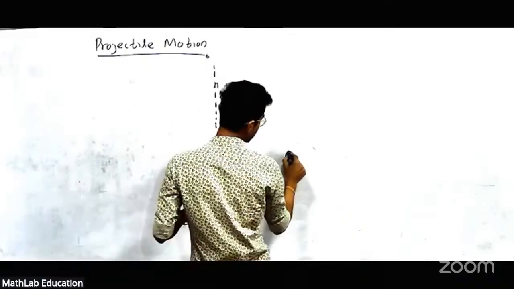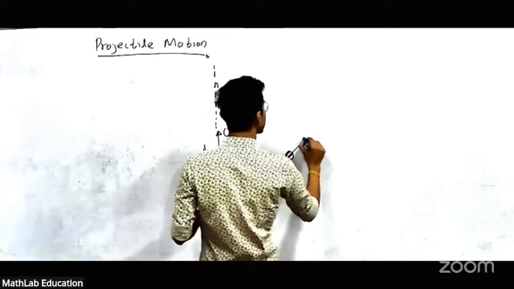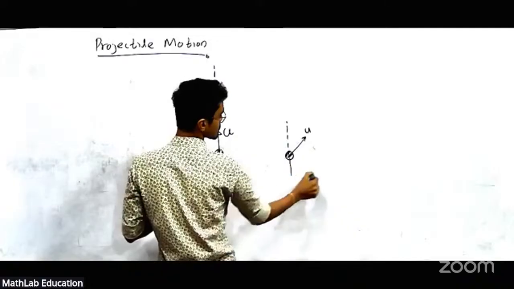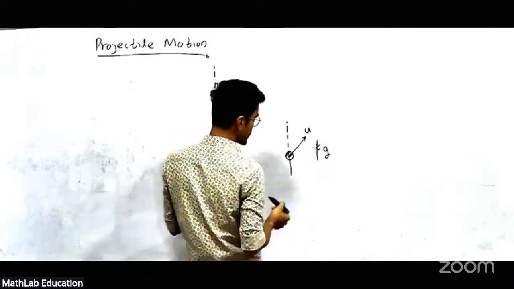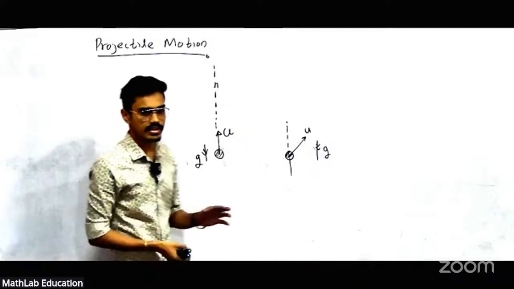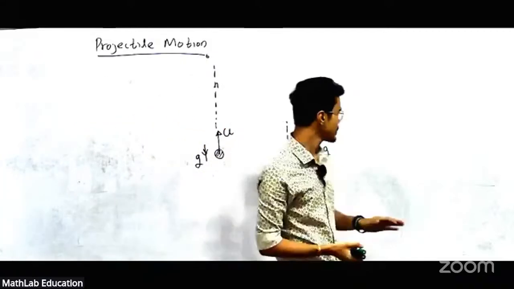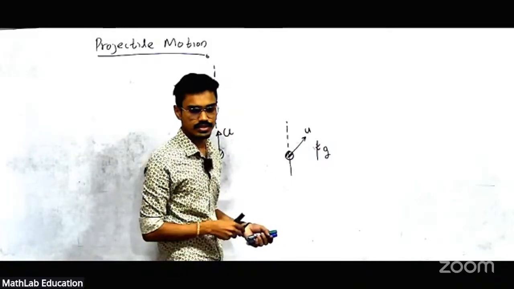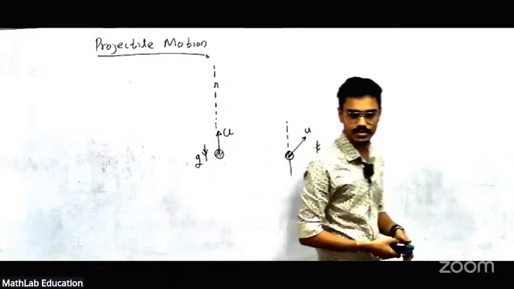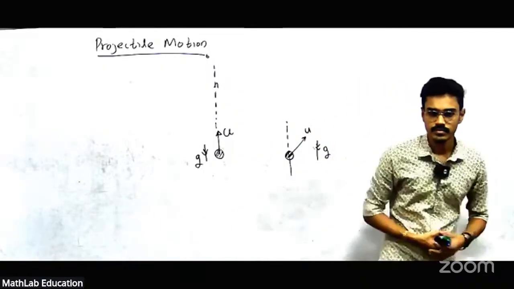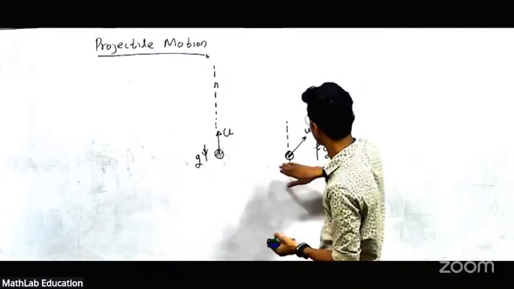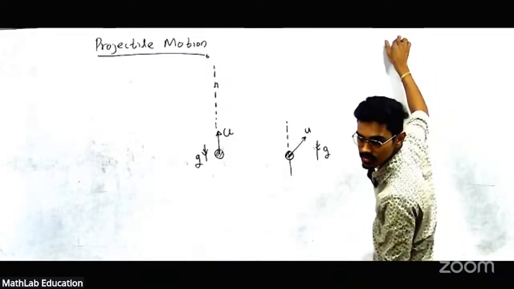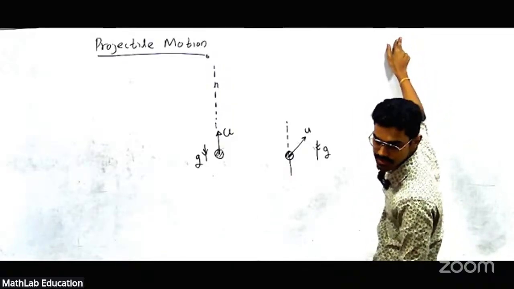Without doing this, if I apply an inclined velocity like this, still under gravity, because the direction of gravity is not going to change. The direction of gravity is always vertically downwards. If I do the same with an inclined velocity, can you think of what kind of path it's going to be? Is it linear like this? Then a curve. It's a curve, right?